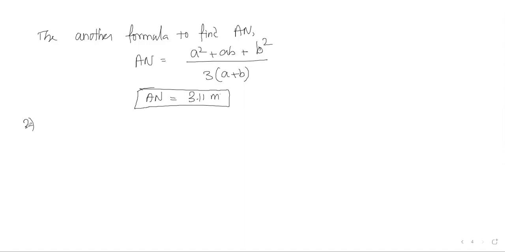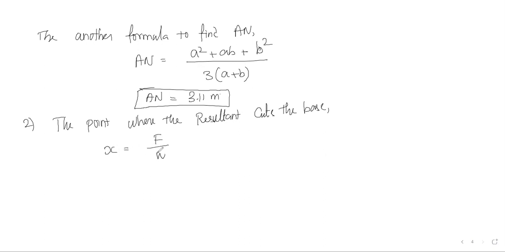That is the point where the resultant cuts the base. So x value we have to find out. We know that x is f by w into h by 3, is the formula.